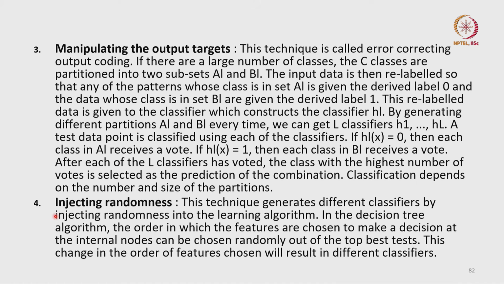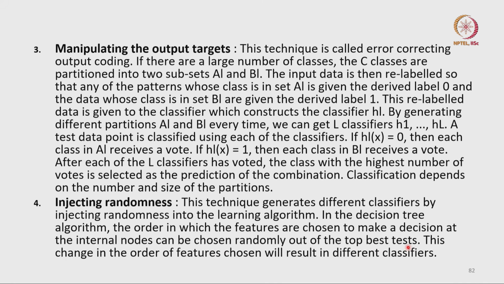Another method which you can use is injecting randomness. Okay. It generates different classifiers by injecting randomness into the learning algorithm. That is, the order in which features are chosen to make a decision at the internal node can be chosen randomly out of the top best S. Okay.